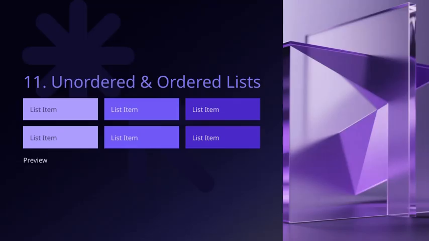Now, let's take a look at slide 12, which focuses on unordered and ordered lists. These are fundamental tools in structuring content clearly and effectively. Unordered lists are great when the order doesn't matter, like listing features or options, whereas ordered lists are perfect for sequences or steps that need to be followed in a specific order. Think of unordered lists as bullet points that help break down complex information into digestible parts, making it easier for your audience to follow along.